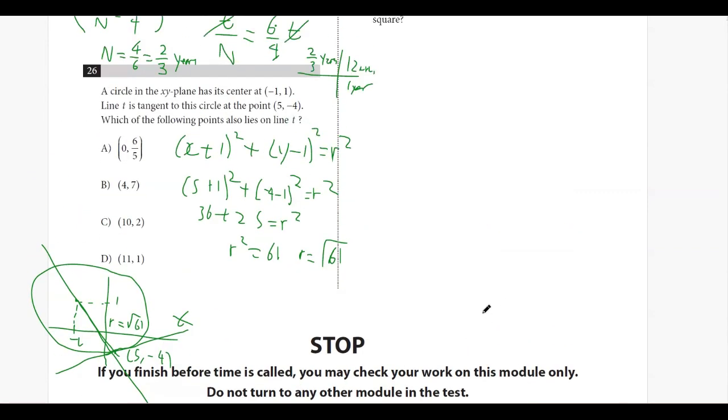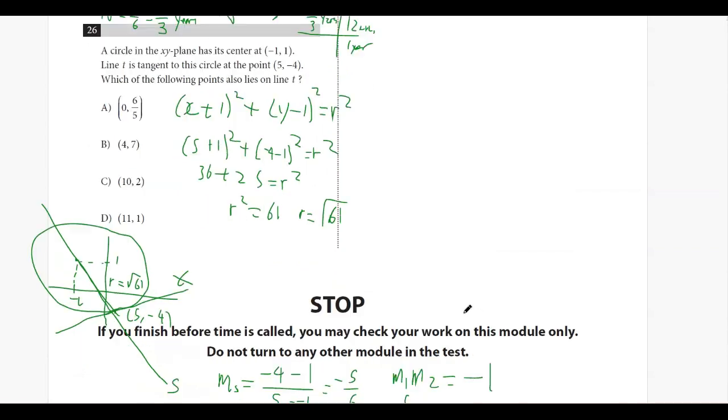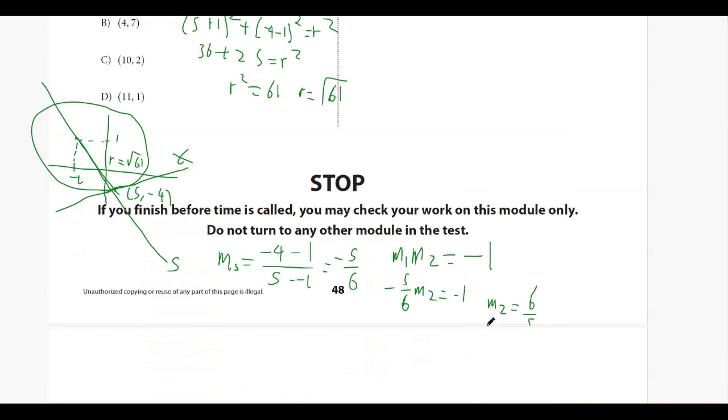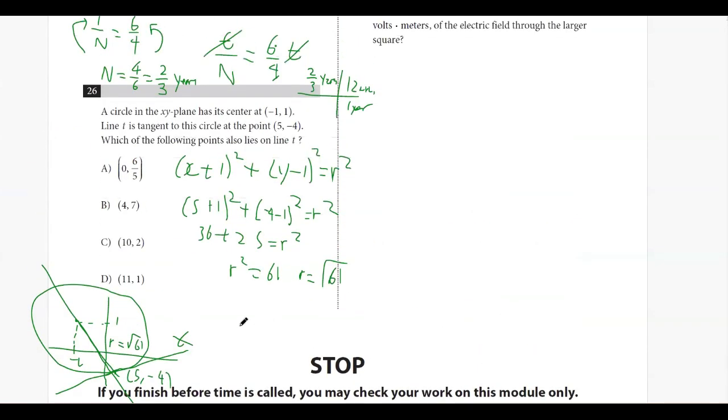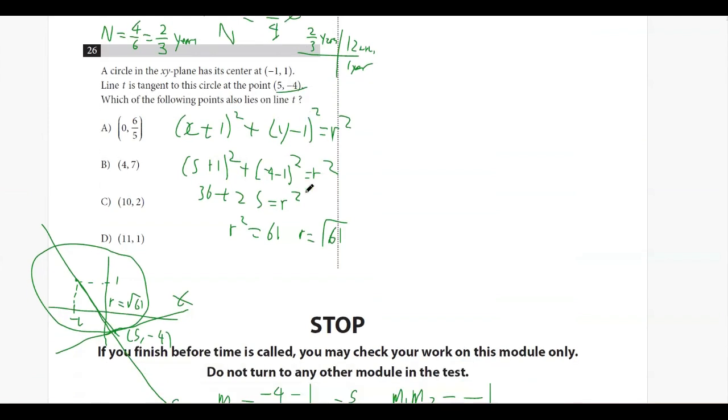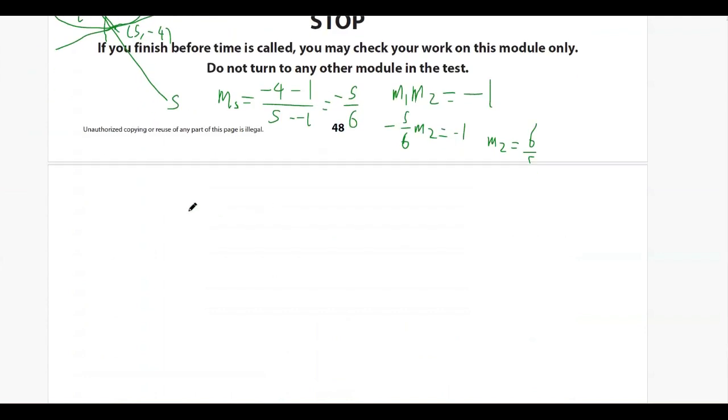And we need to graph this function out here. So I'm going to just pick 5 comma minus 4 here. And we know that, sorry, I'm running out of space.